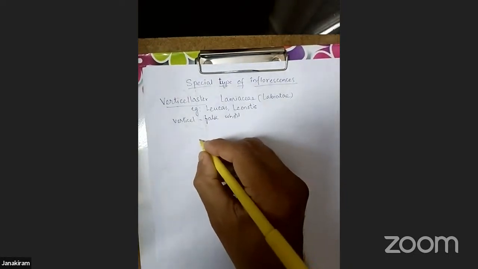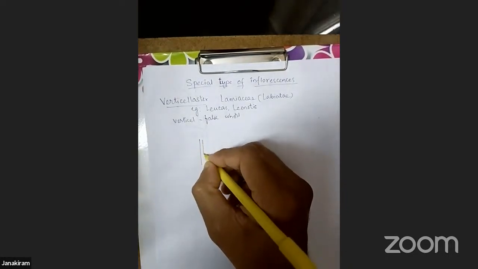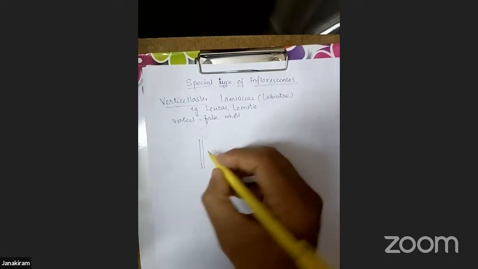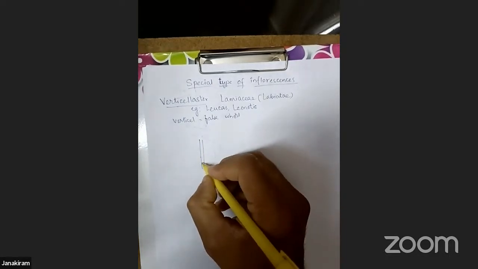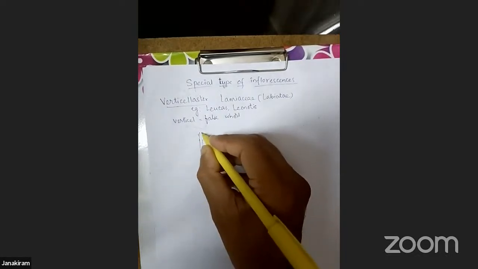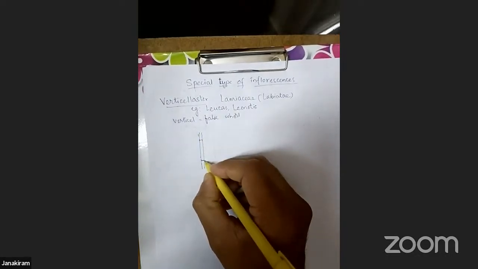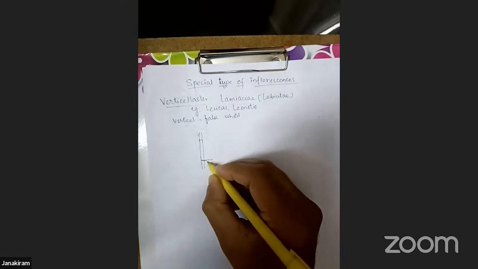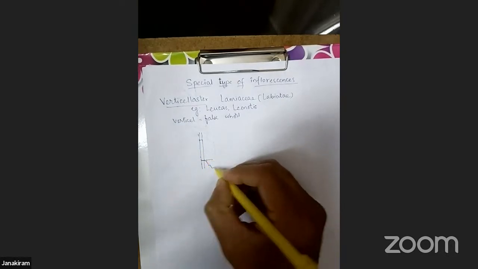So here, consider this as a stem, and we know that stem has the nodes. And at each node, we can see the presence of a leaf.